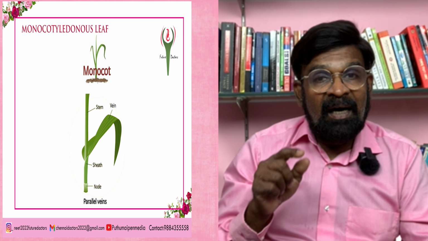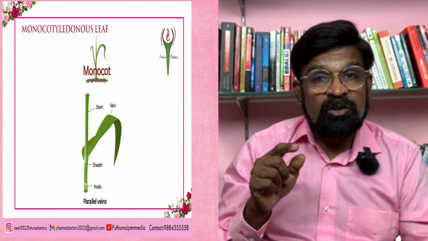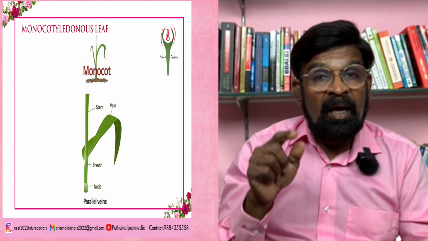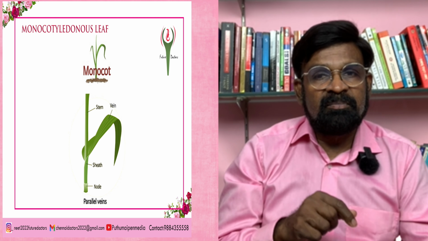Vascular bundle. A large number of vascular bundles are present. Some of them are small and some are big. Each vascular bundle is surrounded by a bundle sheath of parenchymatous cells.